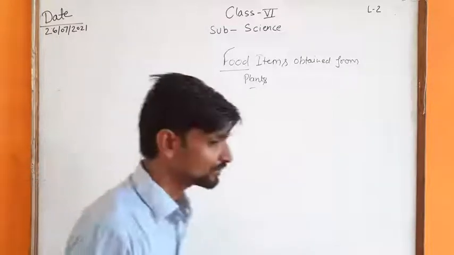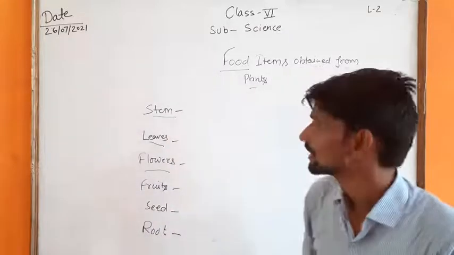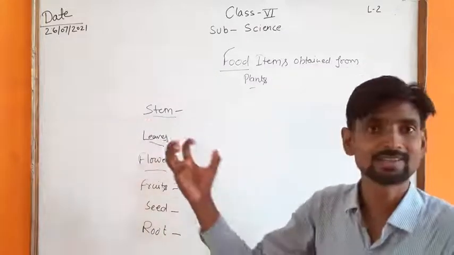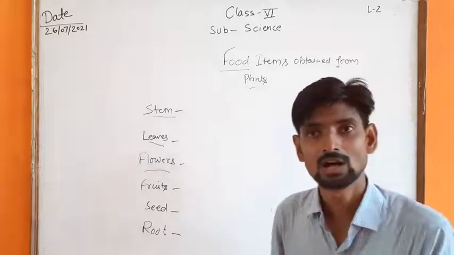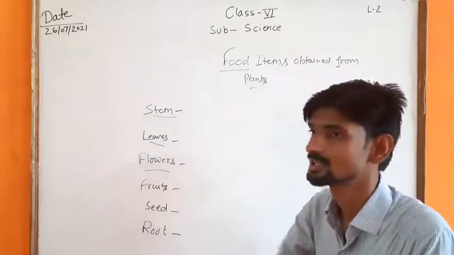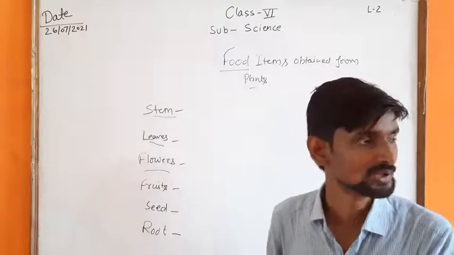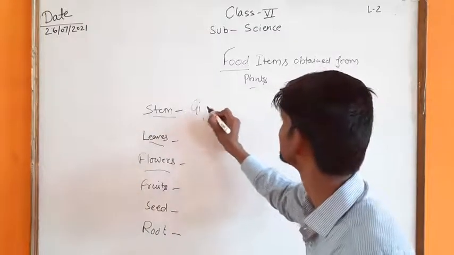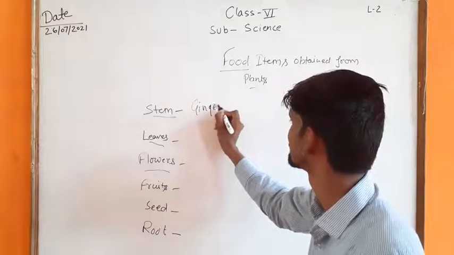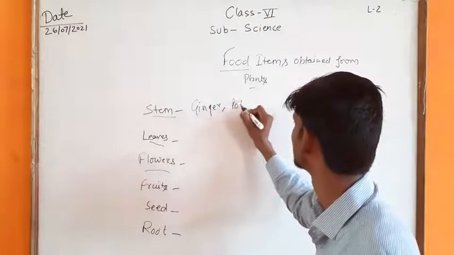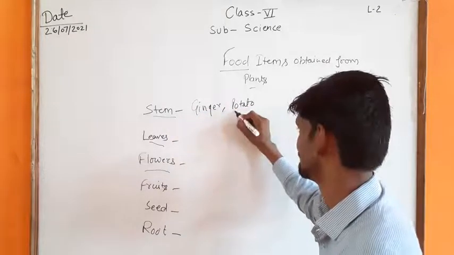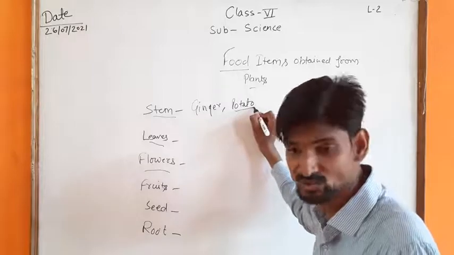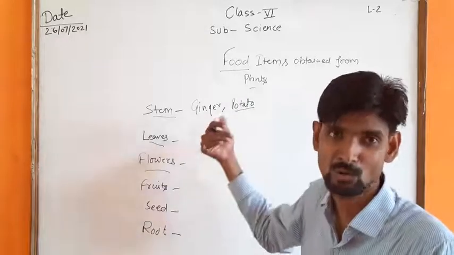Let's take an example. How can we eat a stem? In the stem, we take as food ginger, potato. It's an underground stem, so don't get confused, it's not a root.